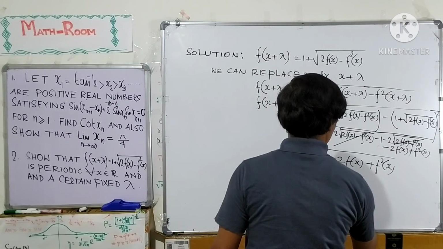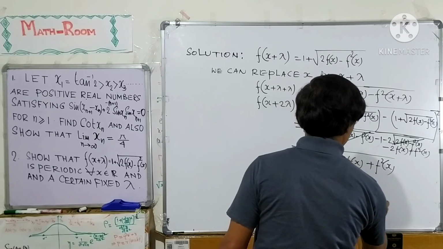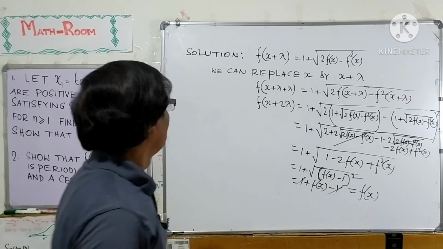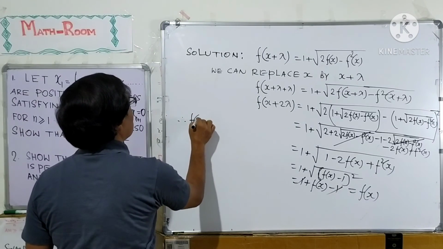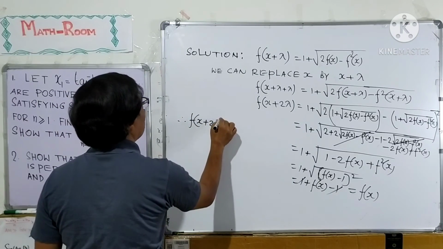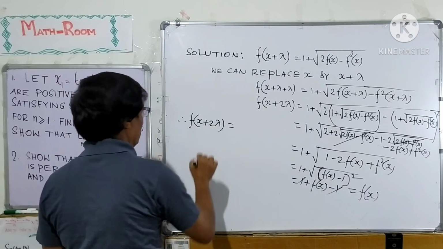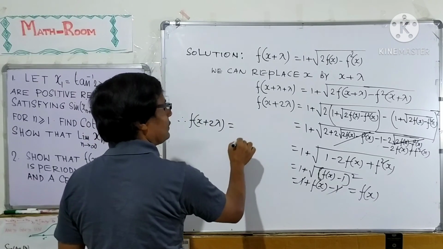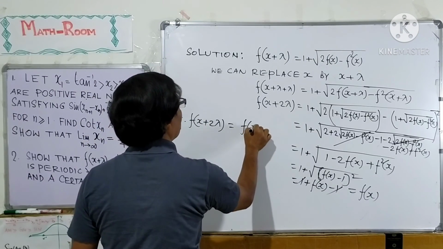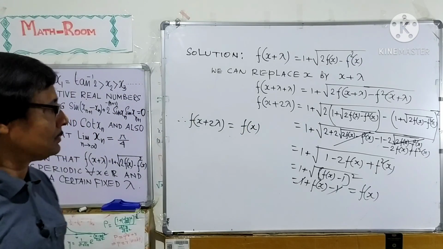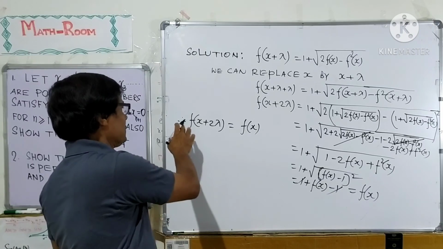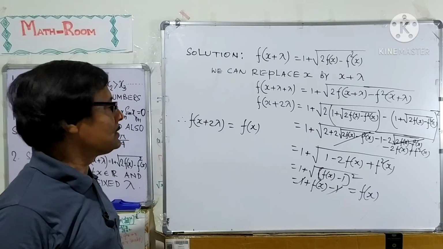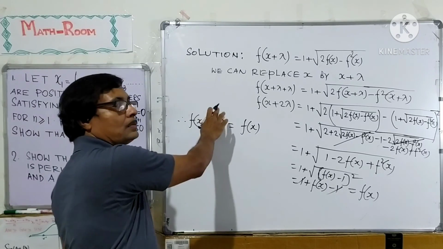So, finally, we get f x. So, f of x plus 2 lambda equals f of x. So, we can easily say that this function f x is periodic with period 2 lambda.